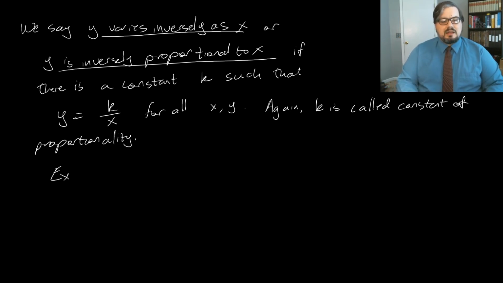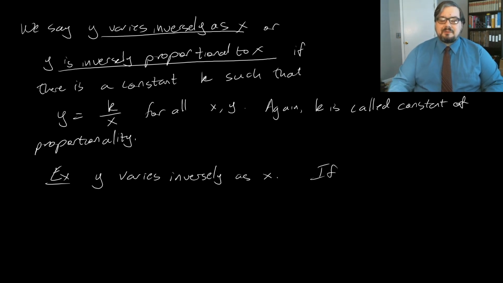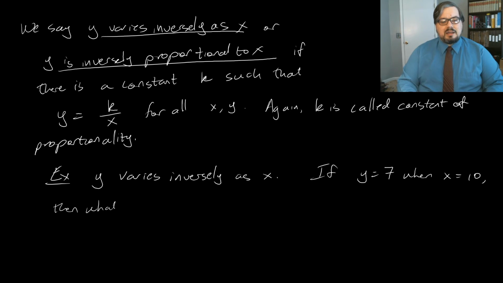So let's see an example. Let's take a slightly more abstract one now. We can say that y varies inversely as x. If y equals 7 when x equals 10, then what is y when x equals 4?